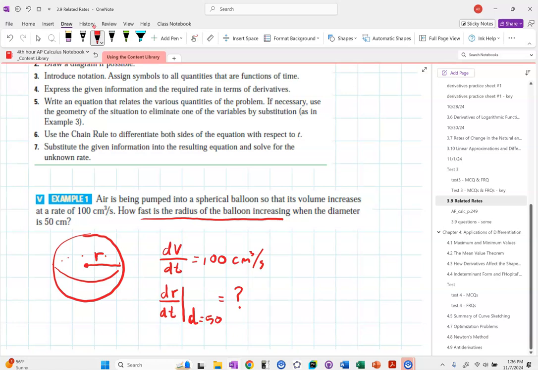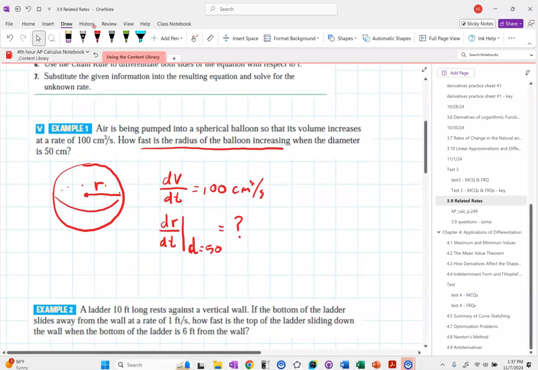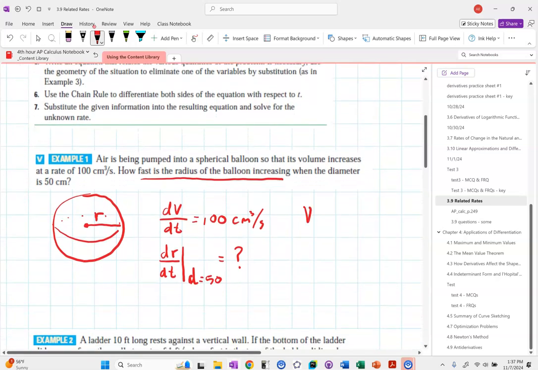Do you know an equation for a sphere that relates volume and radius? Yeah, the volume of a sphere is 4/3 pi r cubed. That looks good. Does everybody feel okay?